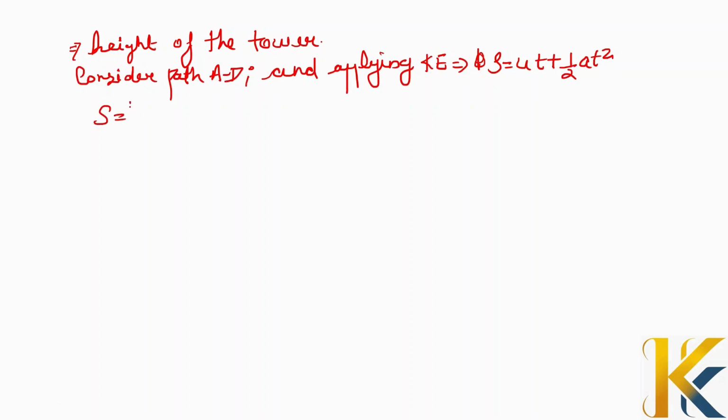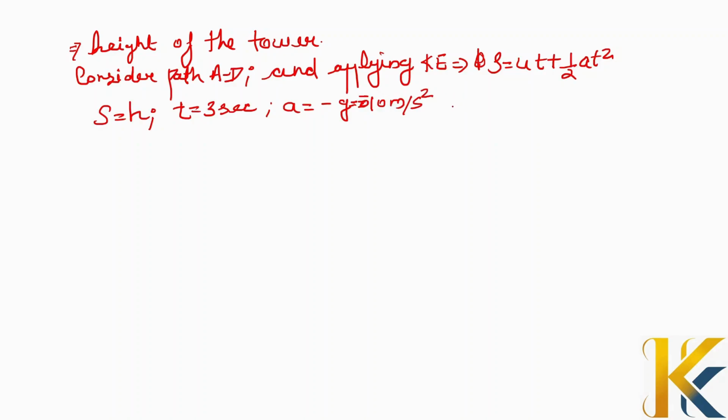Let S be the vertical length that is being traveled, that is H, the height of the tower. T for A to D is 3 seconds. And A, which is acceleration due to gravity, will be minus G, that is minus 10 meter per second square.